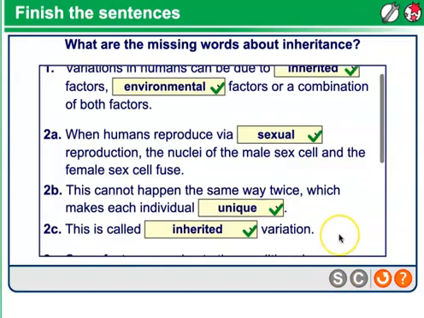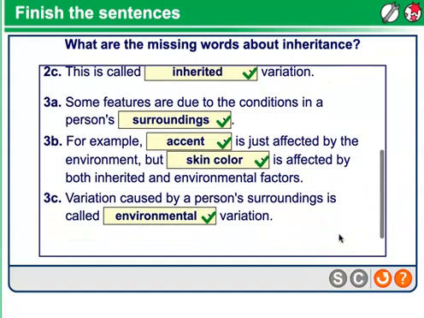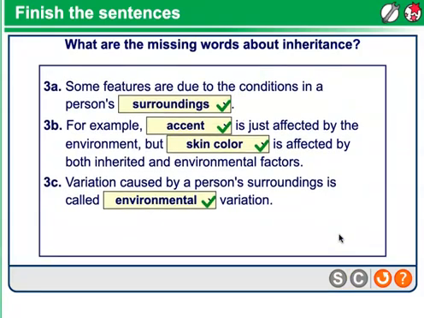This is called inherited variation. Some features are due to the conditions in a person's surroundings. For example, your accent is just affected by the environment, but skin color is affected by both inherited and environmental factors. Variation caused by a person's surroundings is called environmental variation.